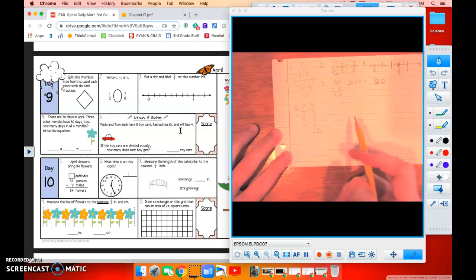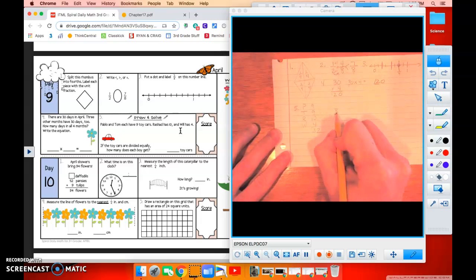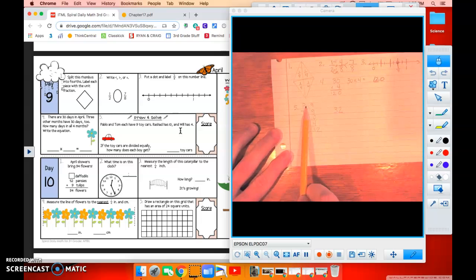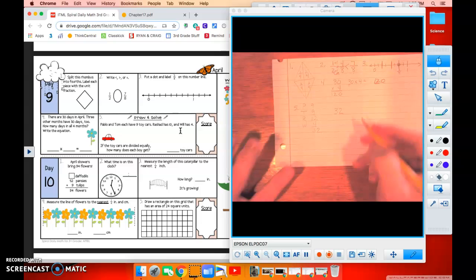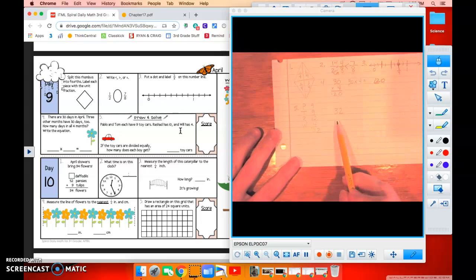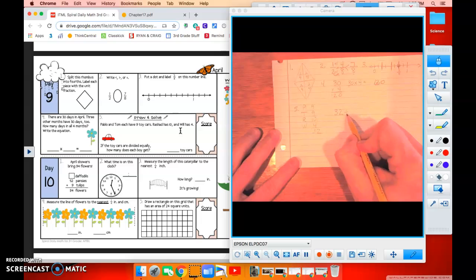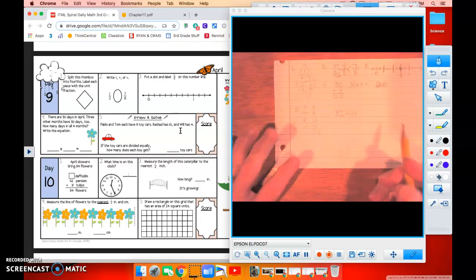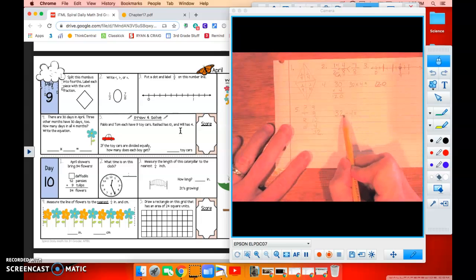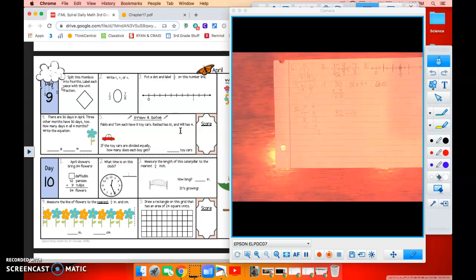Nice job. Now, the next thing we need to figure out is how many boys are there? 1, 2, 3, 4. Or how many people are we sharing those cars equally amongst? So it'd be 4, right? So 32 divided by 4 equals something. Something times 4 equals 32.